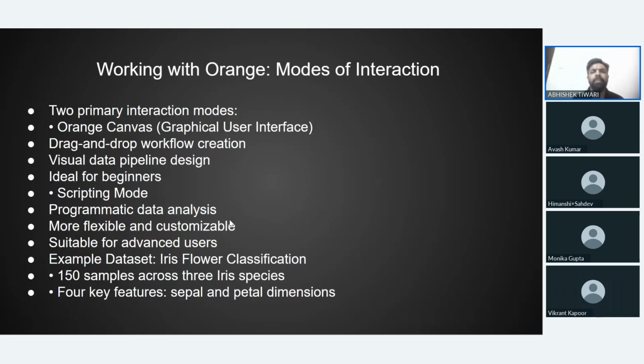Let's move on. How can we use this data mining tool? The primary interface which you will mostly see is known as the Orange canvas, which I will show you in real as well.